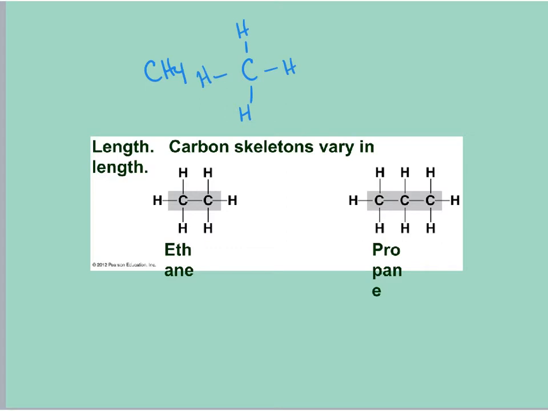But remember that these organic compounds often consist of chains of carbon. So in this particular molecule right here, there are 2 carbons, and you can see how the hydrogen atoms are bonded to those carbons. This is a compound called ethane, and this one right here, with just the 1 carbon, is called methane.